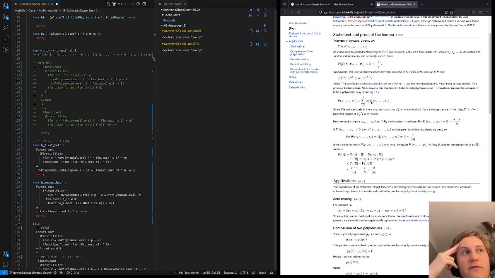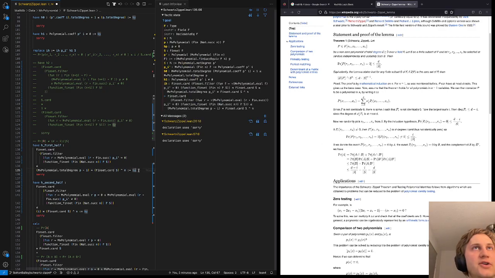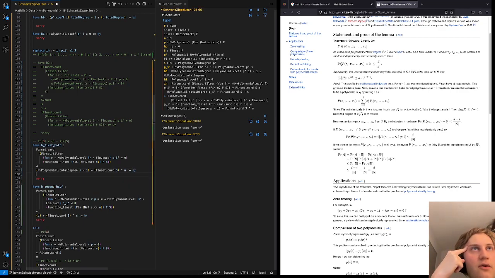So maybe I should make a lemma for that. It's like apply the induction hypothesis. Let me get a sense of how I am going to apply the induction hypothesis.